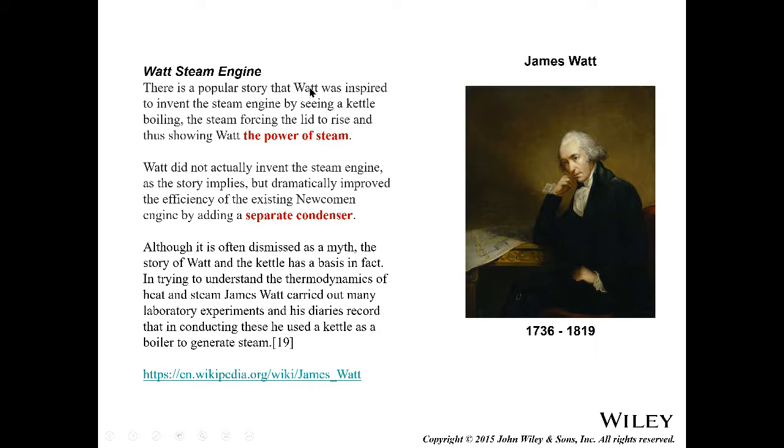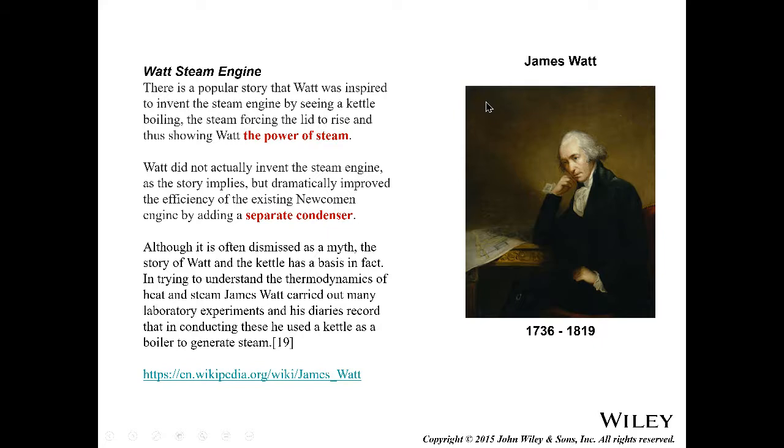There's a popular story that Watt was inspired to invent the steam engine, because of the concept of power, the unit. James Watt is famous for the steam engine. And the story is that he was inspired to invent the steam engine by seeing a kettle boiling, the steam forcing the lid to rise, and thus showing Watt the power of steam.